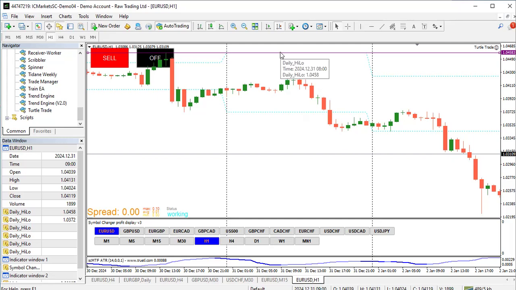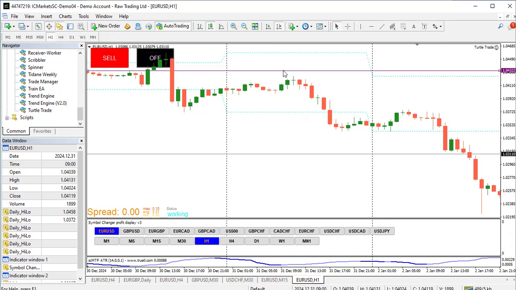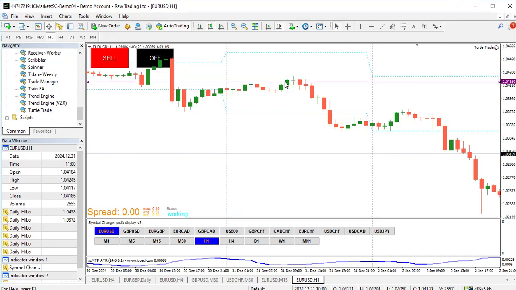Now, this is what happens if you leave your system on, right? If you leave your system on and you go away, all you need to do is actually to set the first one. So let's say I'm not on my charts, but I want to trade the Asian high. So I want a situation where once Asia is taken, and closed, then I begin to look for my entry basically.